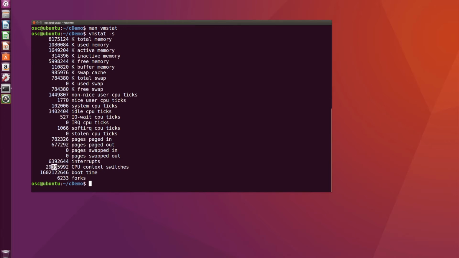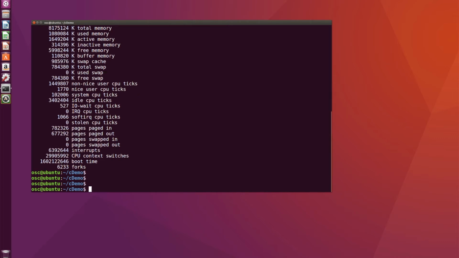At the moment, we have 29,905,992 CPU context switches. So that means over 29 million times the scheduler has selected a process for execution on the CPU.